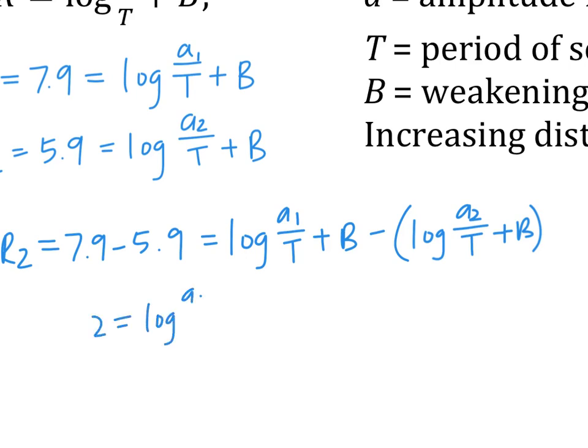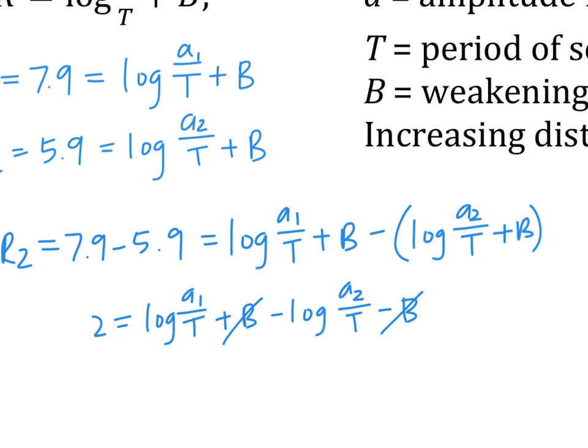Log A1 over T plus B minus log A2 over T minus B, because I just distributed the negative sign. You can see that B is going to cancel, right? We're left with log A1 over T minus log A2 over T equals 2.